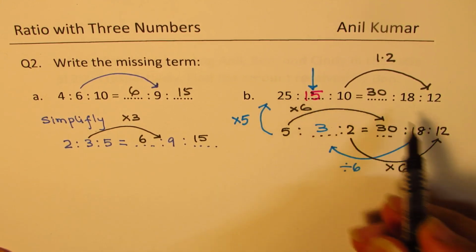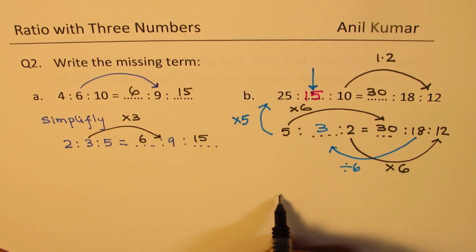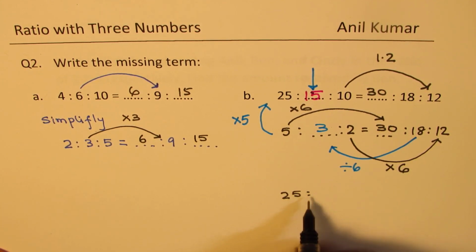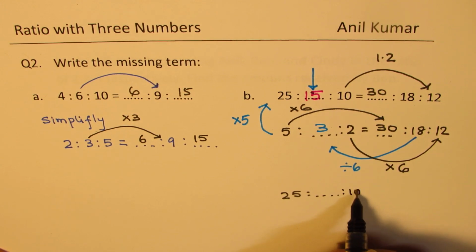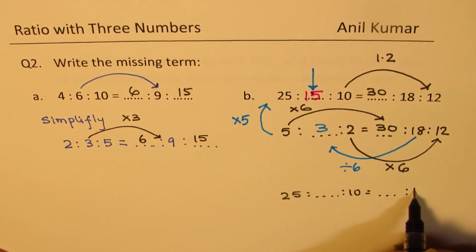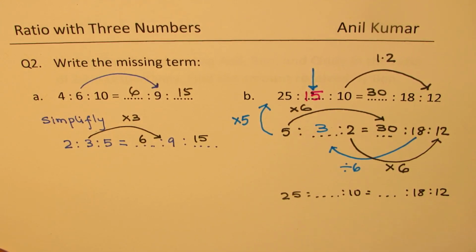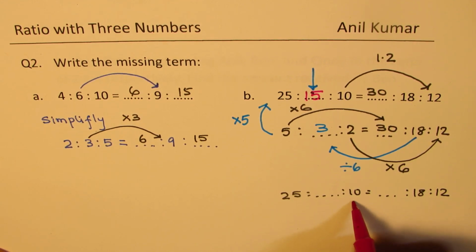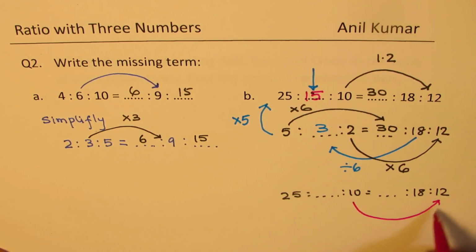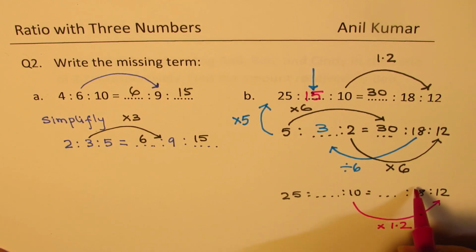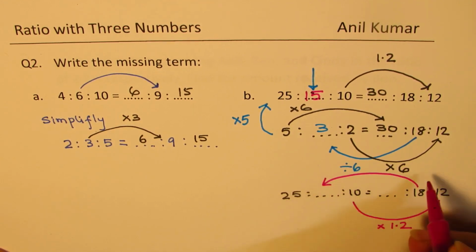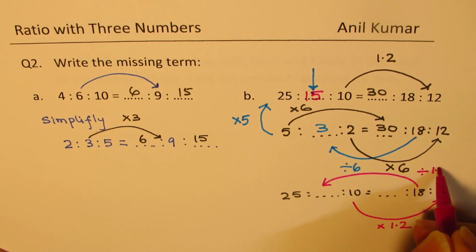Well, if you're working with a calculator, you could do it straight, which is 25 is to something is to 10 is equal to something is to 18 is to 12. And we figure out that going from here to this place is times 1.2. And returning will be divide by 1.2.